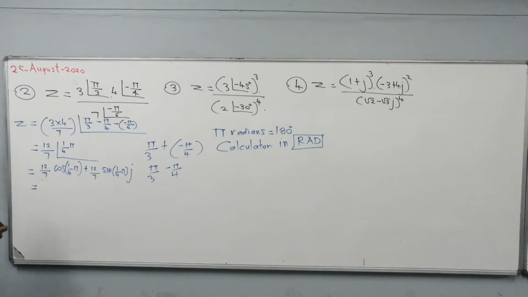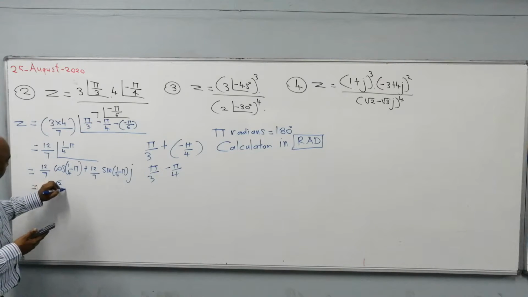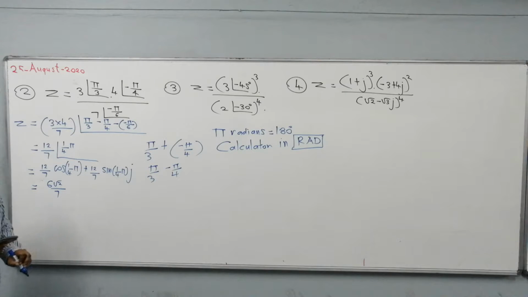Right, so it's converted, so I got my 12 over 7. That is cos 1 over 4 pi. So here I get 6 root 2 over 7. You get the same thing.